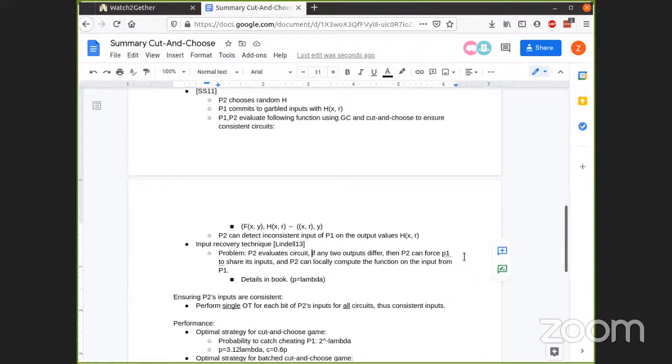What this means is that player one, before the protocol, commits to its inputs to some kind of input recovery functionality, and later on, if P2 presents a proof that P1 cheated, then P2 gets all the inputs from P1.